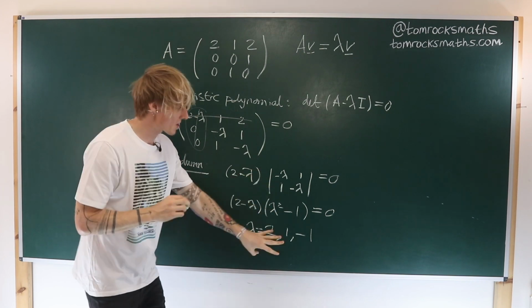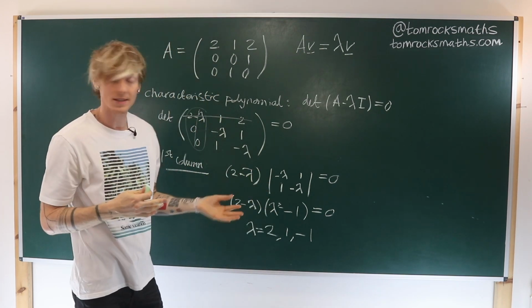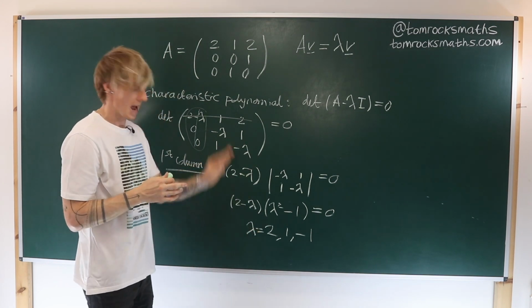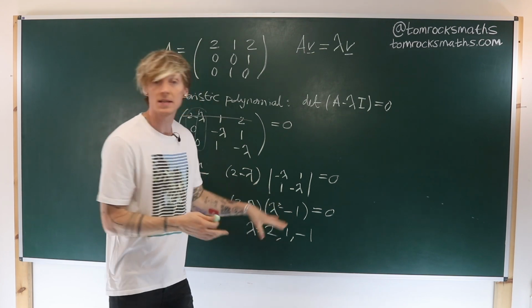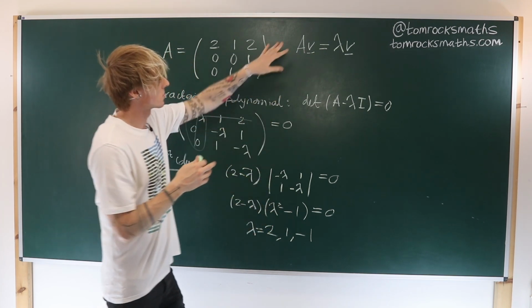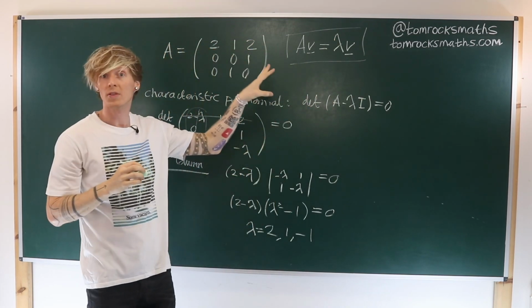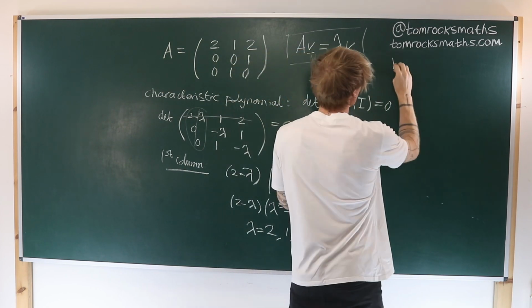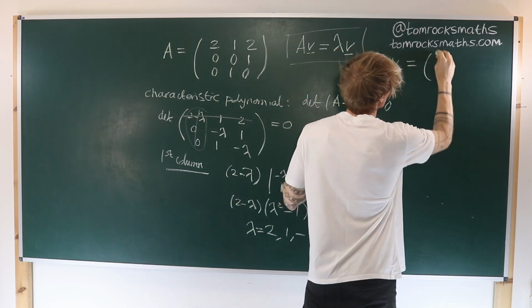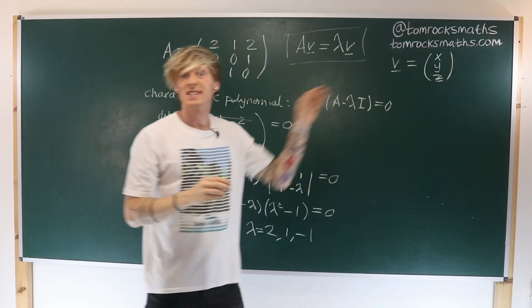So we get 3 eigenvalues because we have a 3 by 3 matrix, and exactly as in the previous example, we now take these in turn, substitute them into our original equation, and solve for the eigenvector v, where remember now, v will be a general 3-vector. So it will be x, y, and z.